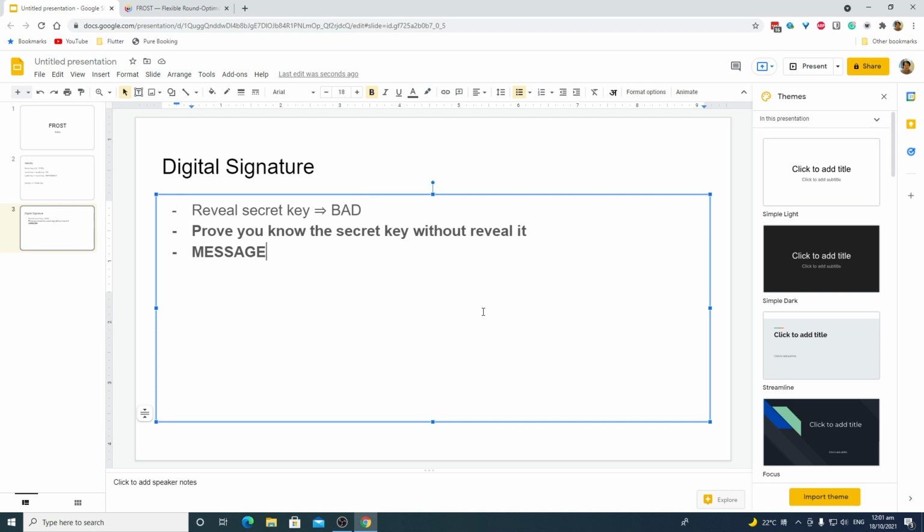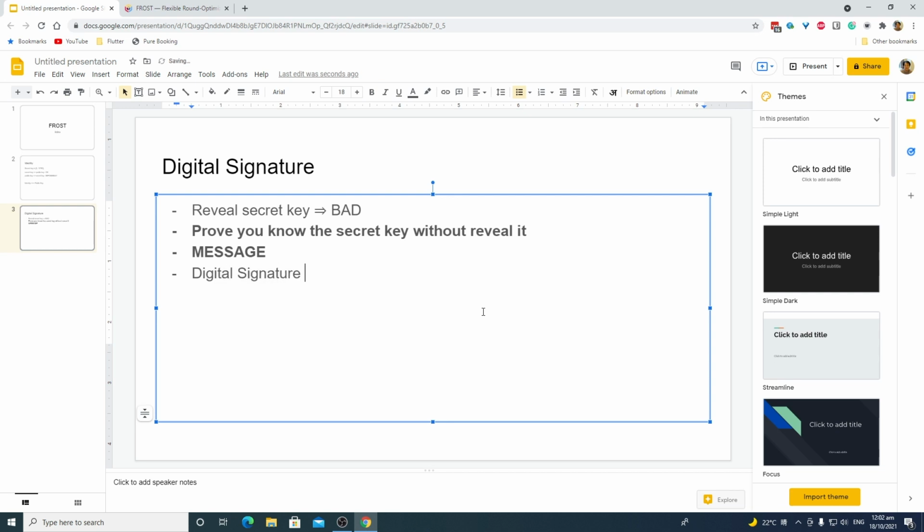Whether the contract is a lease for a house, or a contract for buying a car, the contract will be vastly different, but your signature will be the same. And obviously your signature is not going to be the same as somebody else's. But what I'm saying here is that your signature will be identical regardless of the message. That's not the case for a digital signature.